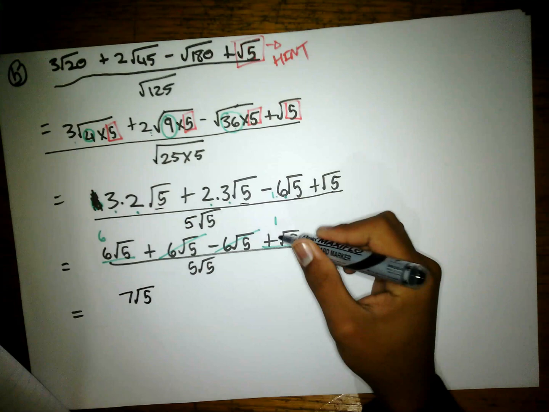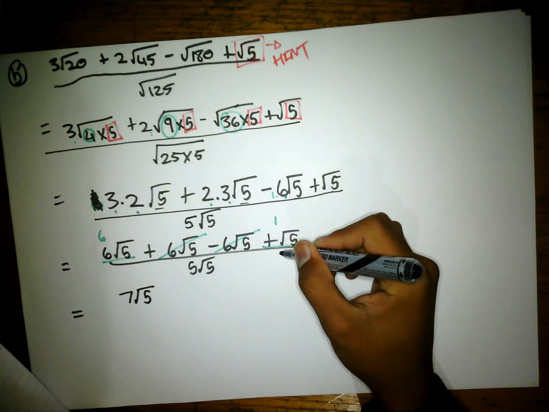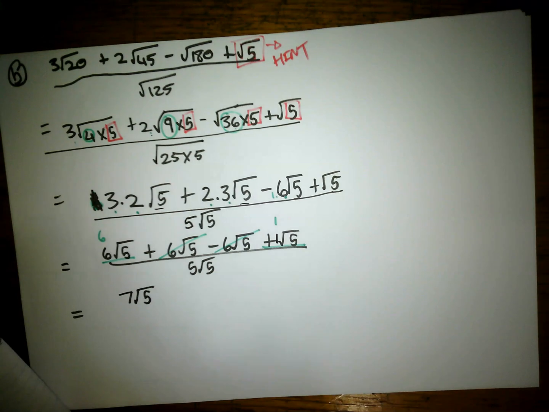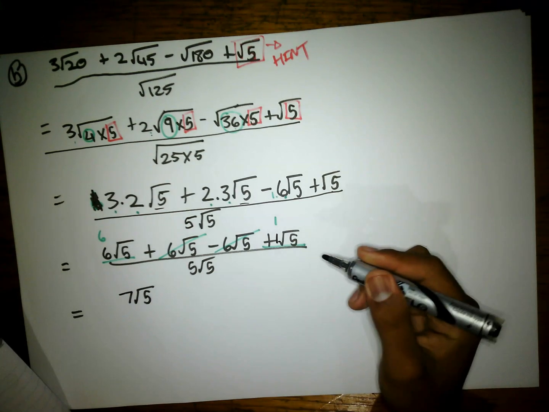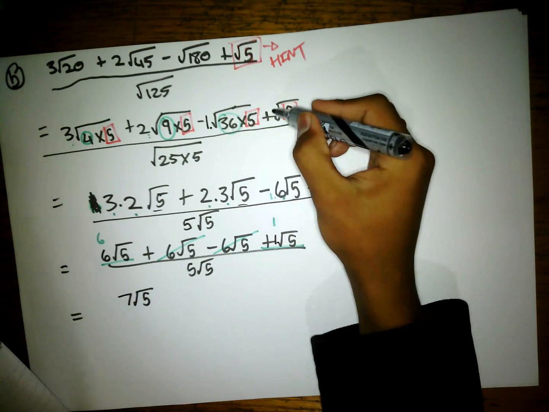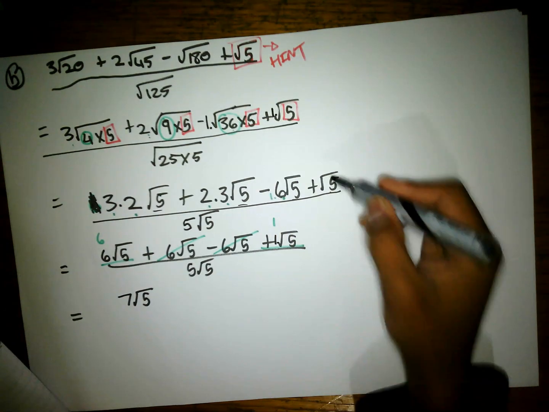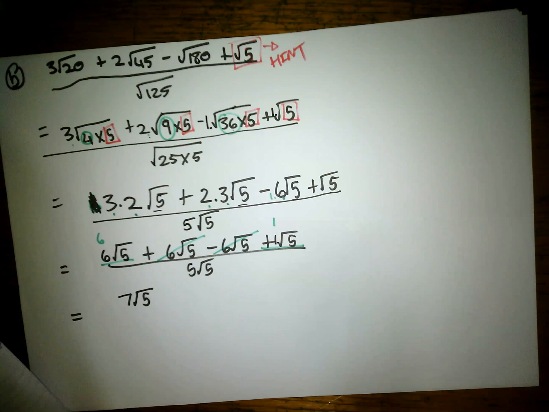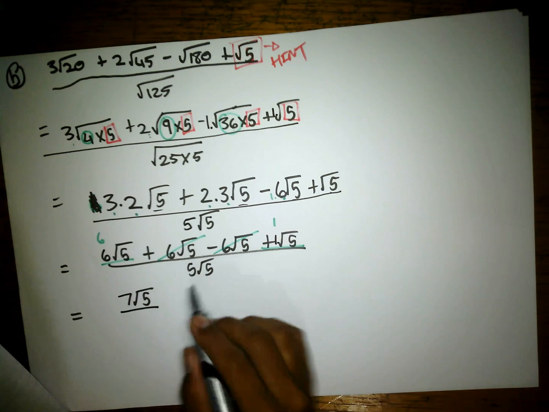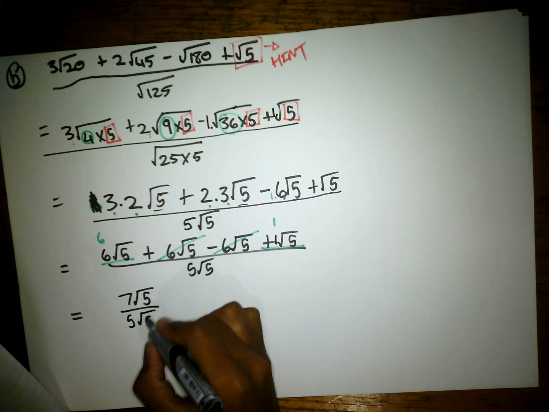Because there's a small 1 there, but we just don't write it. But there is a 1 there. I've seen many people forget that 1 that is actually there. Like here isn't a 1, but we know that's a 1 that is there. Even there's a 1 there. It's imaginary, but it is there. Over 5 square root 5.